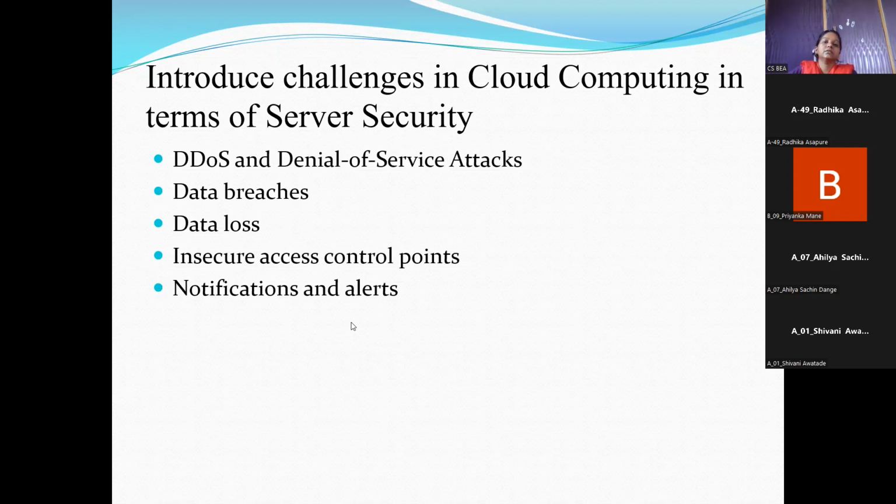Okay, the next challenge is the insecure access control points. One of the great benefits of cloud is it can be accessed from anywhere and from any device, as we have seen.